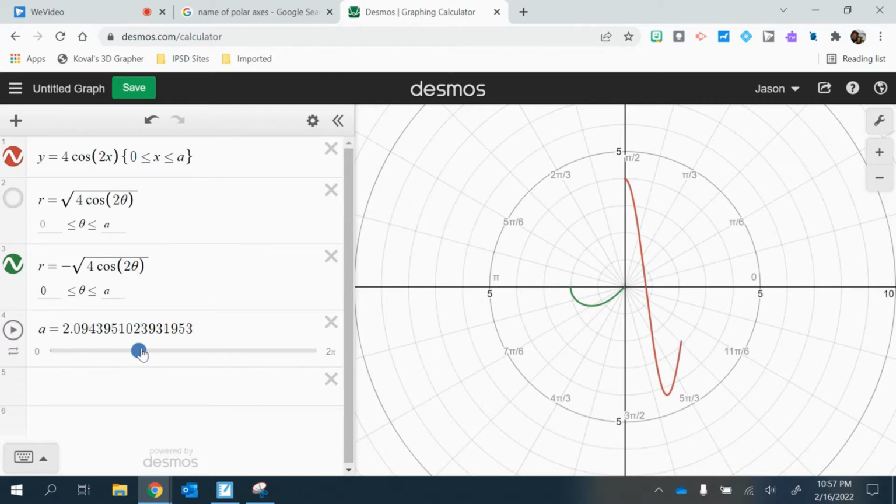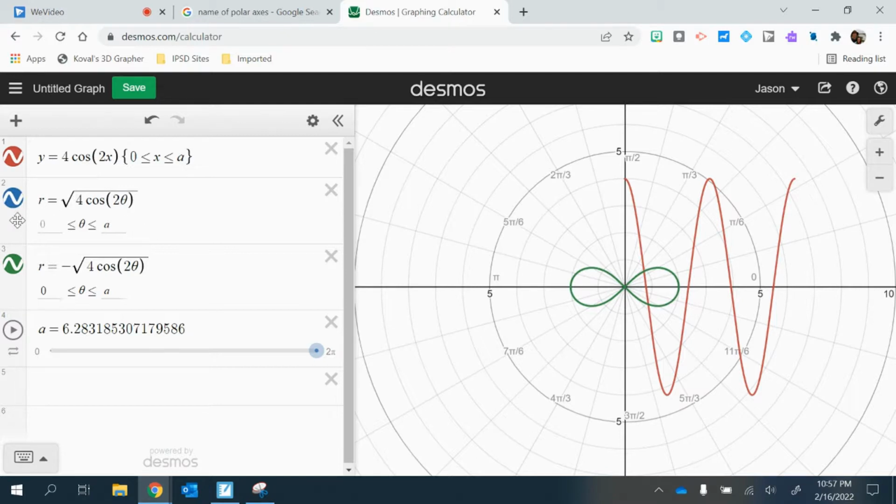Notice it still pauses when I have a negative r, and then it still works while I have a positive r. So it doesn't really matter whether I use the positive or the negative when I take the square root. I still end up with the exact same value.